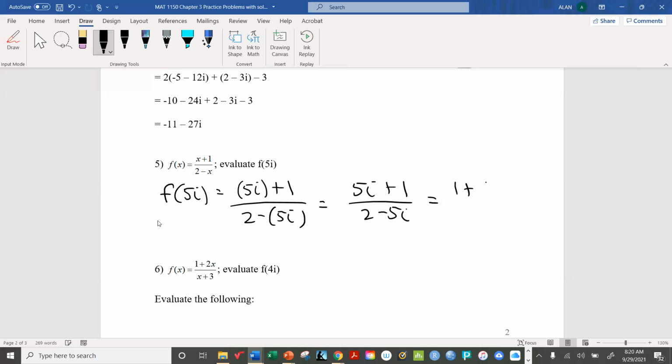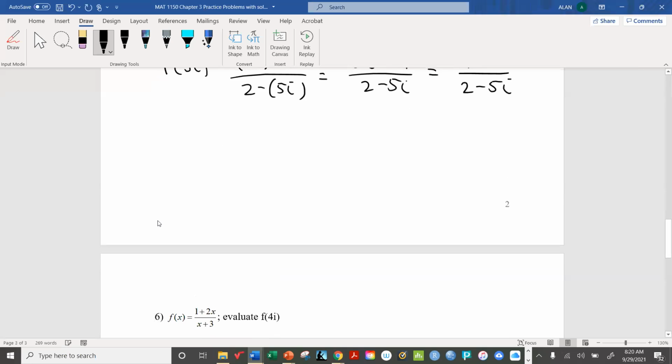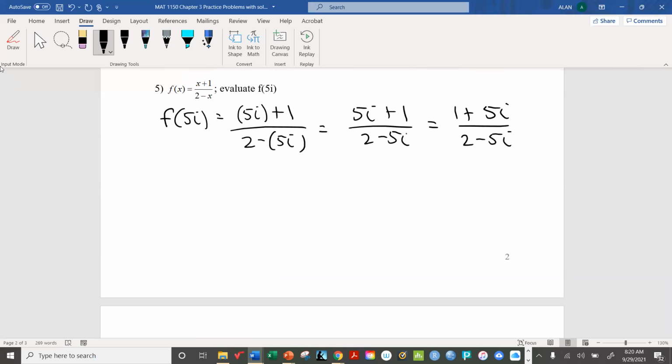All right, and let's be consistent here. Not that this is a big deal. Remember, we're supposed to have the imaginary number second. Now, normally we don't leave it like this. Remember, our convention is to try to avoid having imaginary numbers in the denominator.